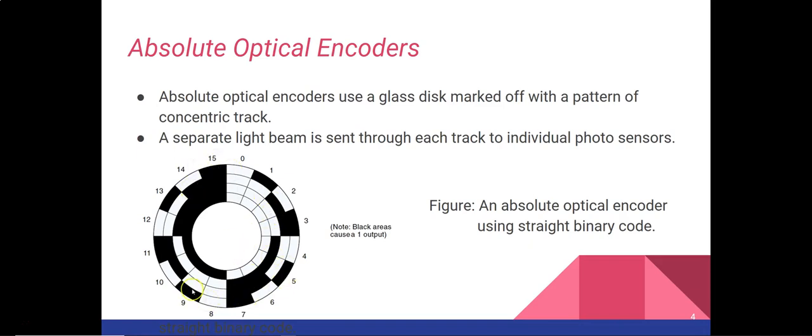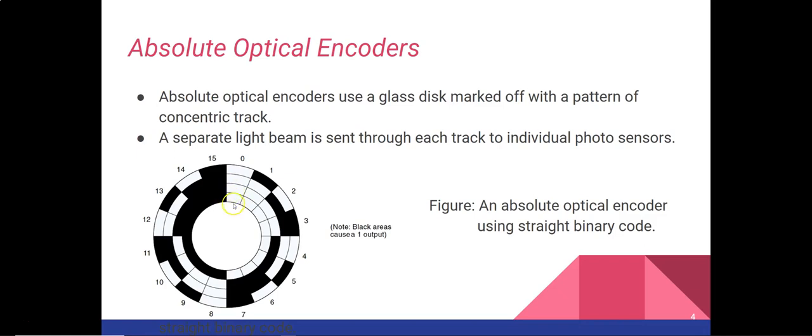And here we have a 16-bit encoder, and it produces 16 individual tracks, and each of the tracks has a different binary state. If you see here, at the top is your LSB, least significant bit, and at the bottom is your most significant bit.